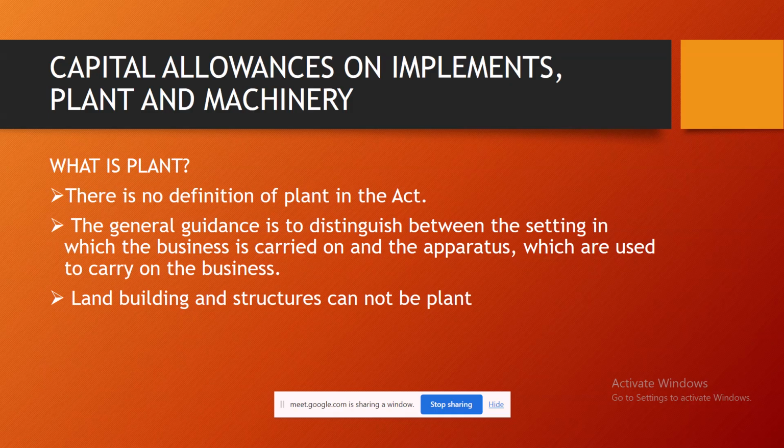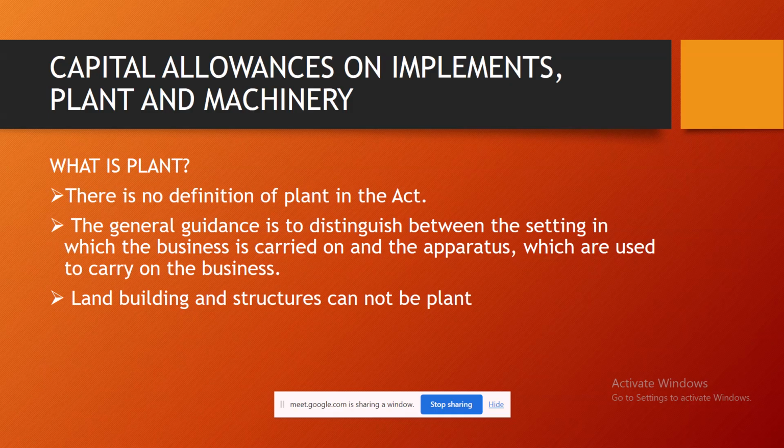The hammer mill can be used to produce flour, or feed for animals. Now, the hammer mill in that case will be used as a means to produce that particular flour. It's the apparatus to produce that flour. So the hammer mill will be taken to be a plant. But the building which houses that particular hammer mill is the setting in which that business is carried out. It's not plant.